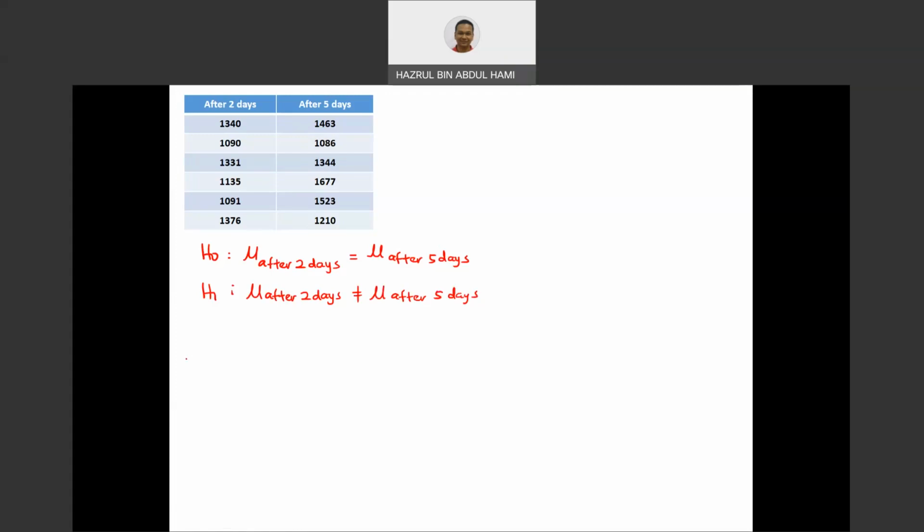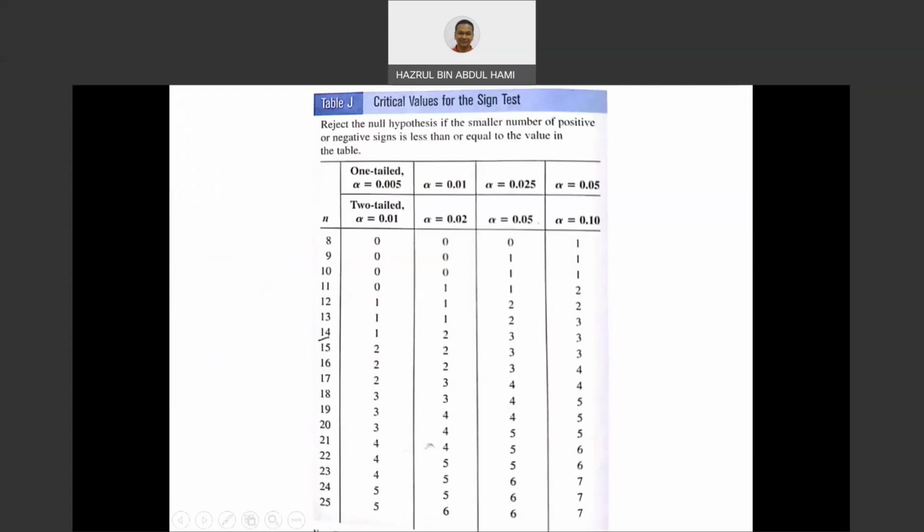Next, we proceed with the critical value. You have to find the critical value at alpha 0.01. Now we conduct the two-tailed test, and the total number of samples is 6. Based on this information, you have to refer to the critical value table of the sign test, n is equal to 6, and alpha is 0.01 for a two-tailed test.